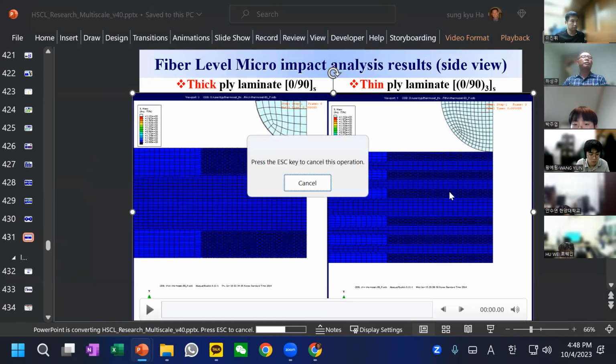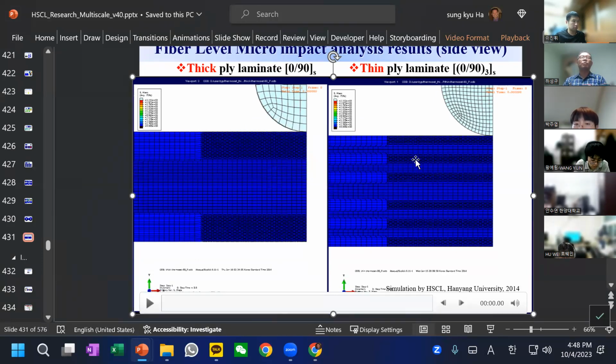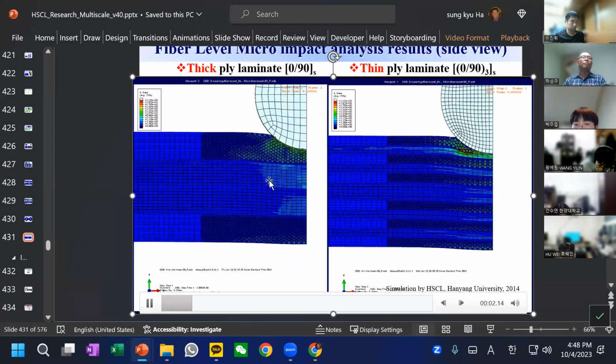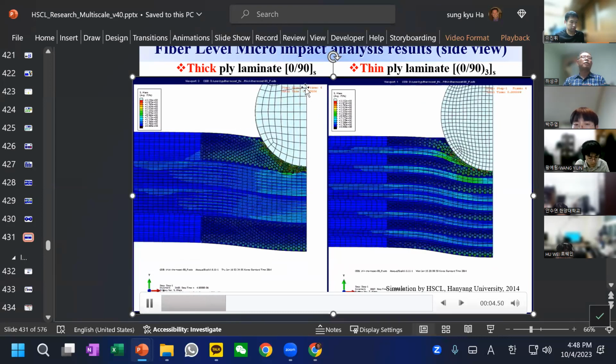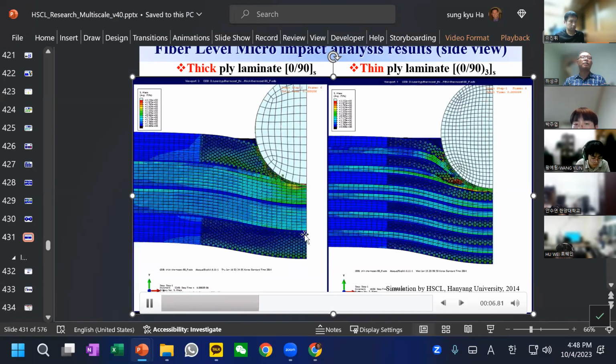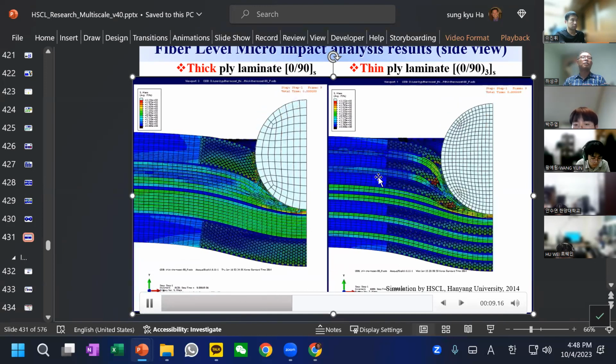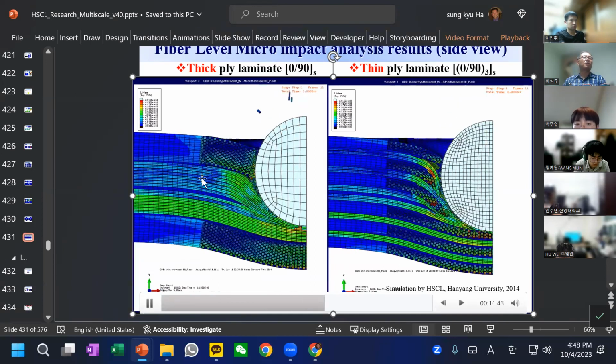So here the study was that we can have a very thin ply or thick ply. You can see how we can make the thin ply or thick ply depending on how we spread the tow. If we spread the tow very well, we can have a thinner ply. Now the layup has the same amount of 0 and 90, but different thickness: 0/90 thin, thin, thin, but 0/90 thick.